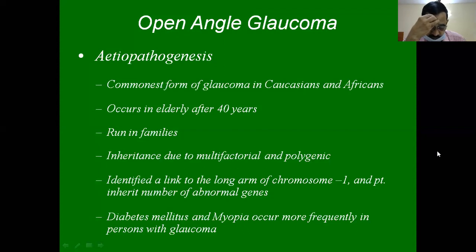Central corneal thickness is now considered an independent risk factor. And diabetes: diabetes per se may not cause primary open angle glaucoma, but the association with diabetes is more in a case of primary open angle glaucoma.